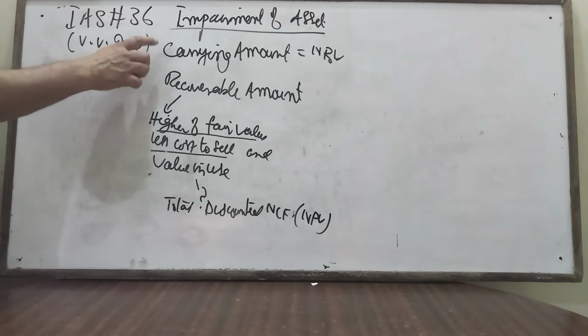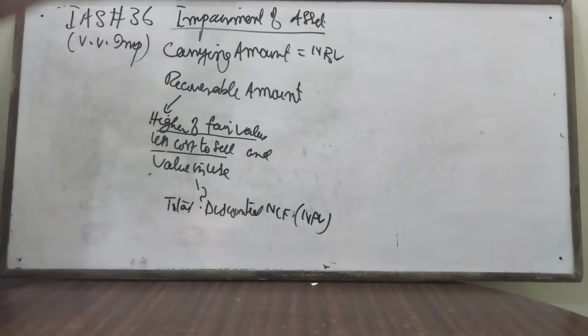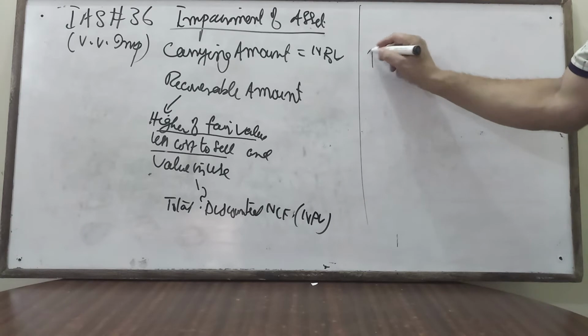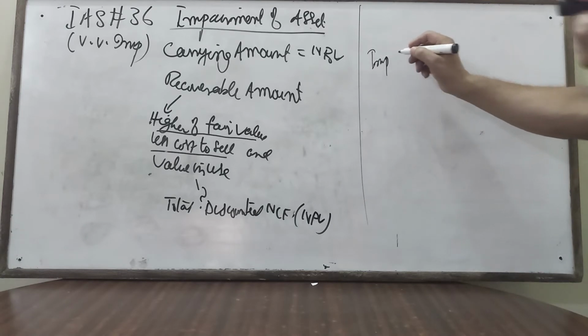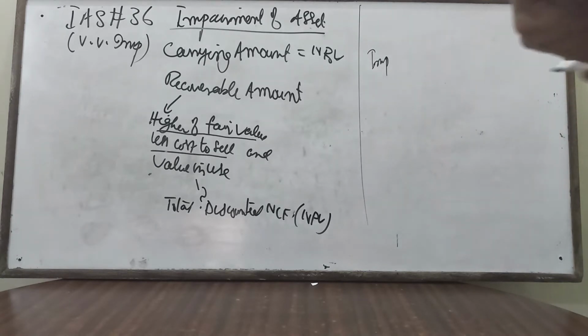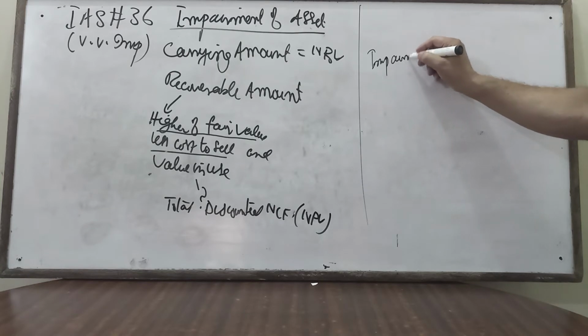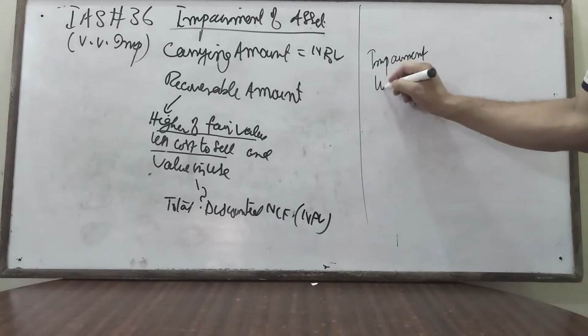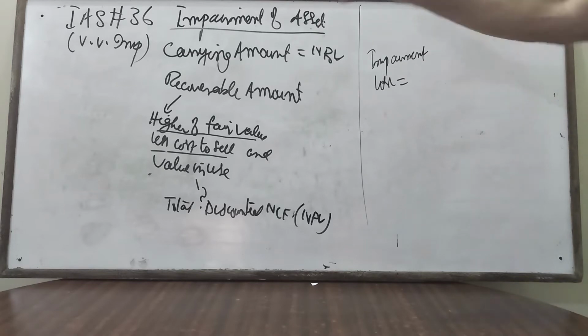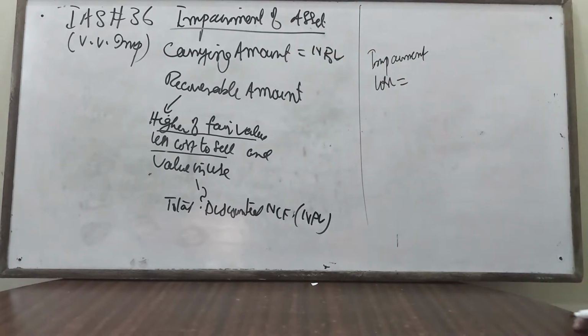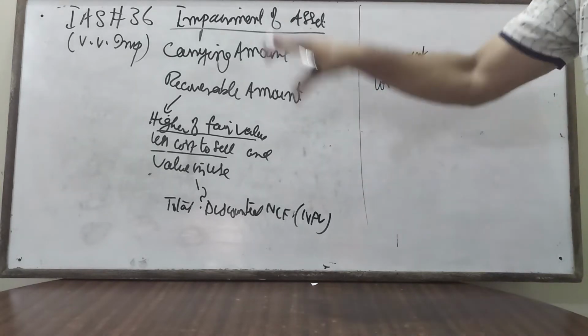Then we compare the carrying amount with the recoverable amount to calculate the impairment loss. Note this down. This whole process is known as impairment, and it is the process to calculate the impairment loss.